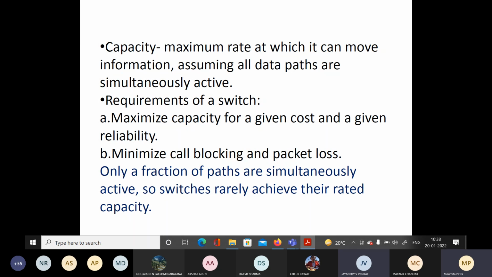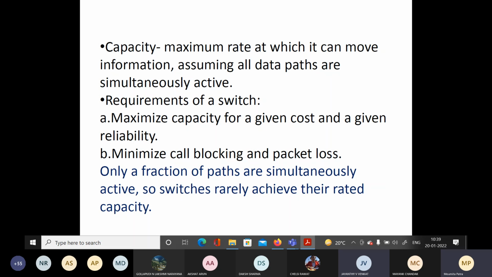So there can be situations where a packet cannot go to its desired output port, because this output port is currently being used by some other input port's packet, or there are other packets in front of this packet, so it is waiting until those packets are transmitted.